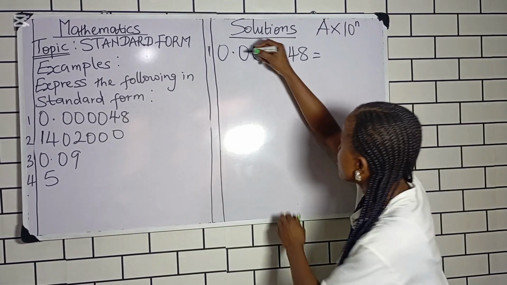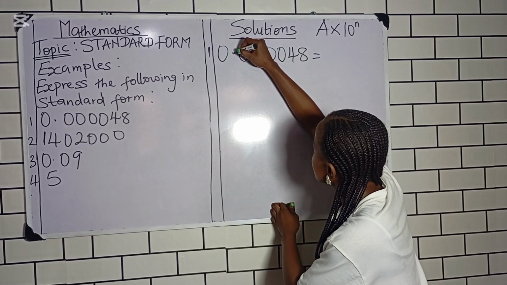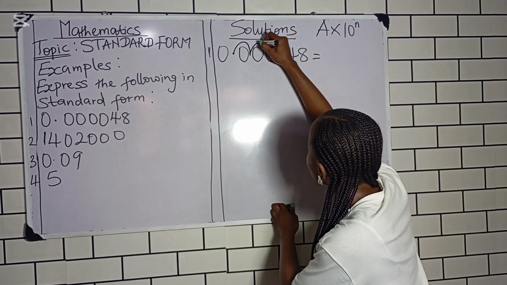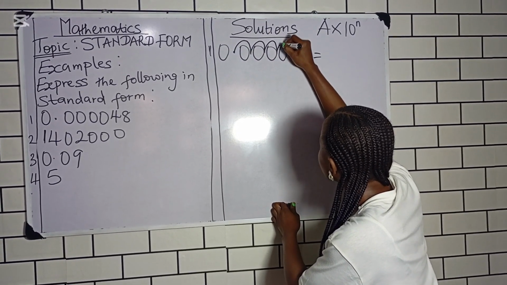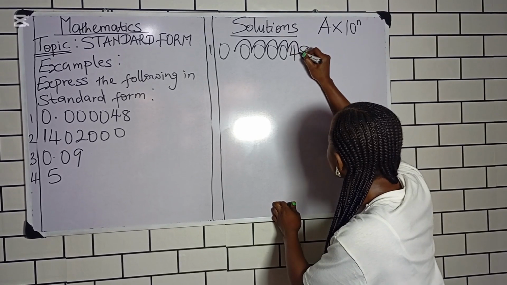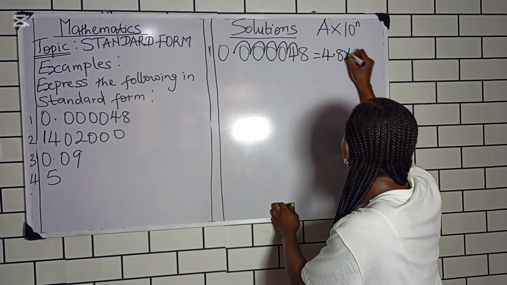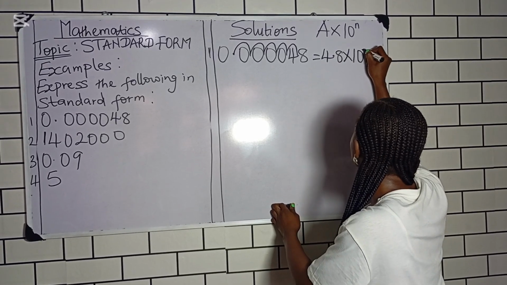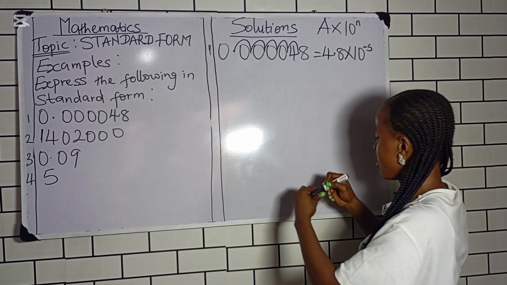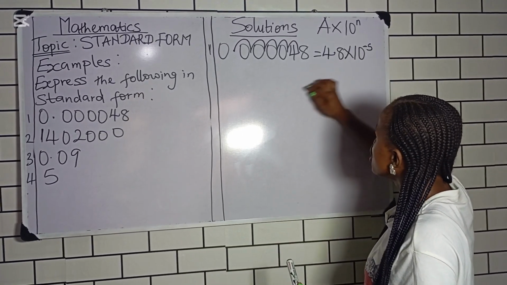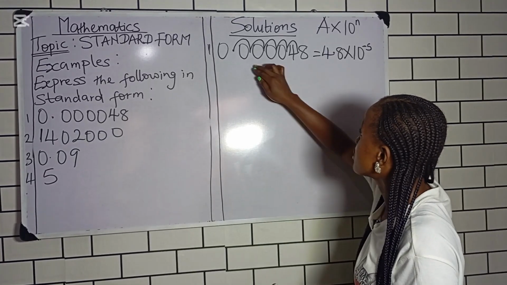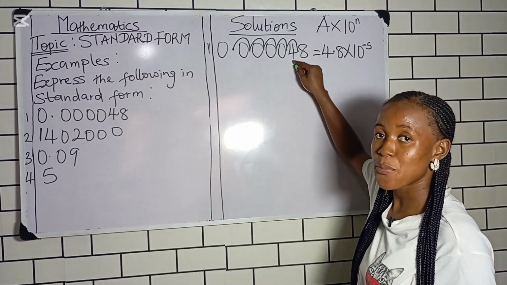Now, let's count. This is where our decimal point is. We count 1, 2, 3, 4, 5. Now we have 4.8 times 10 raised to power minus 5. This 5 here is the number of digits we counted before placing our decimal point.